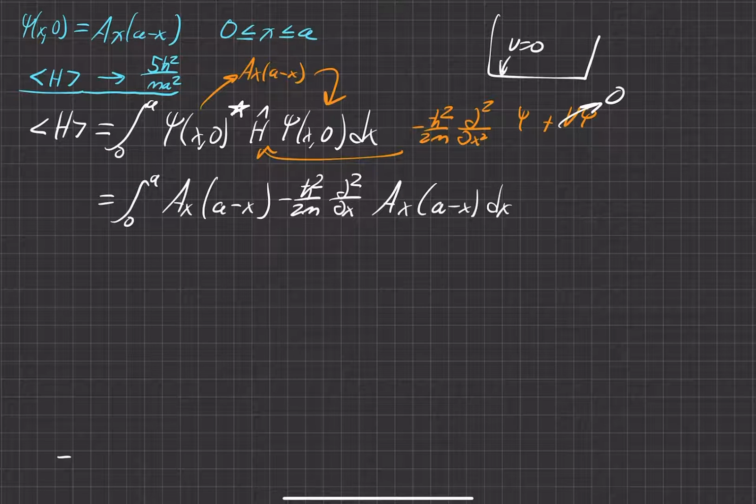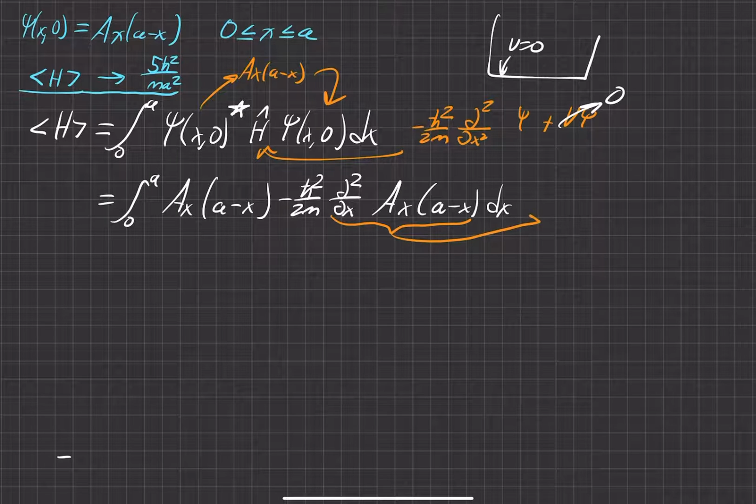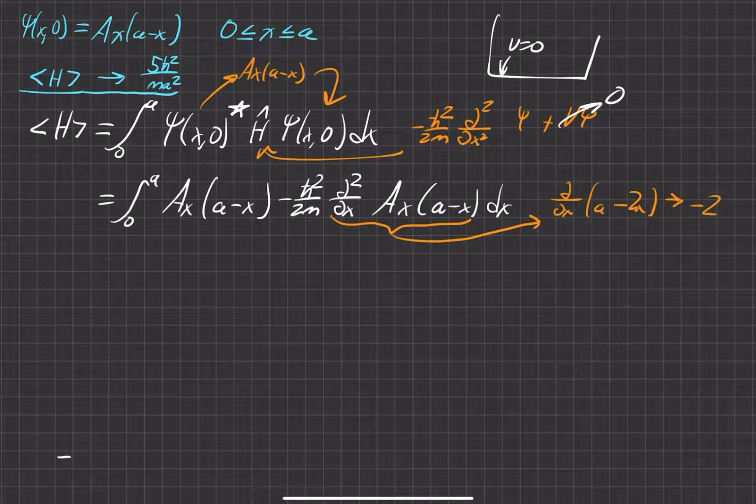Now the main thing here is just this derivative. The first derivative is a over 2x, so the second derivative would be just -2.